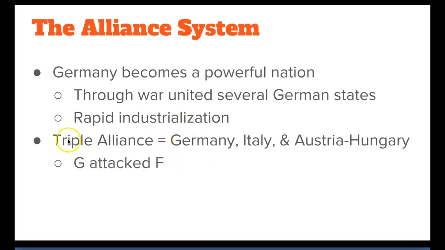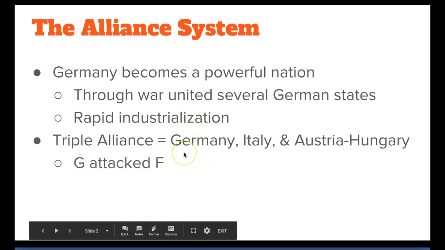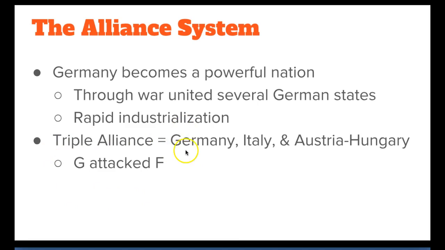Okay, now you see that I'm going to start abbreviating because we are going to be writing these countries' names over and over again. Because I have already written them out here, minus this one, sorry everyone, I am going to start abbreviating them with just a capital letter.